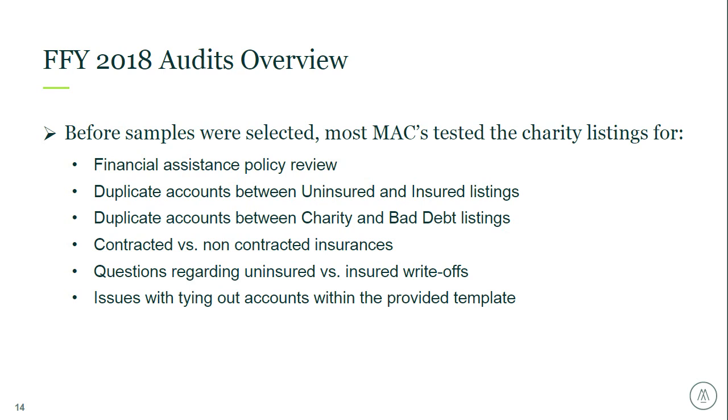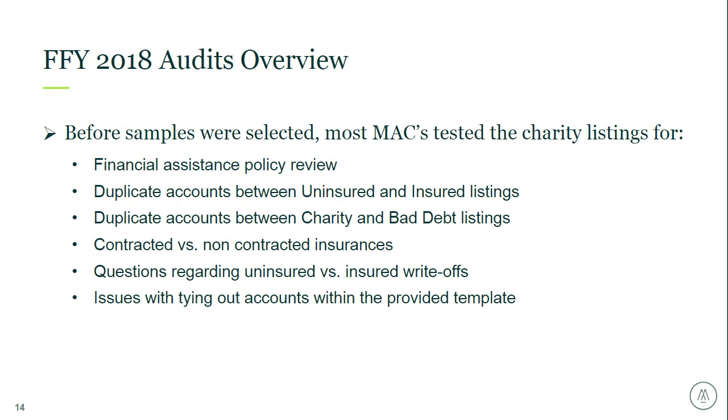Are the policies clear, and do they accurately represent the discounts you provide at the facility? And do the eligibility requirements and documentation items needed to approve charity represent the day in and day out operations at your hospital? It's also important to be aware, if your policy states a specific percentage should be given, that the patients receiving charity or uninsured discounts are actually receiving the same percentage as the policy.